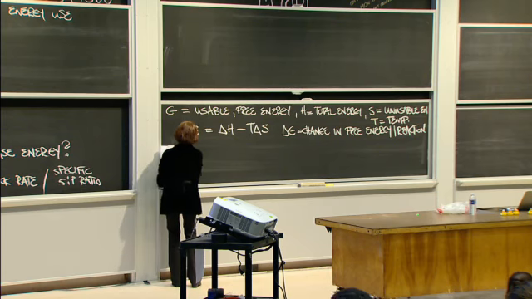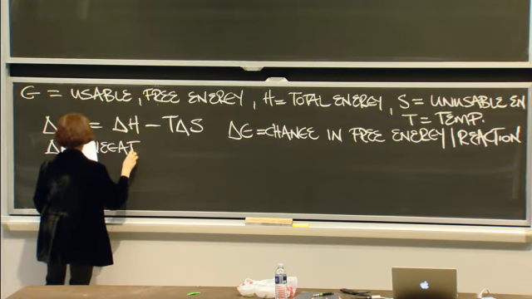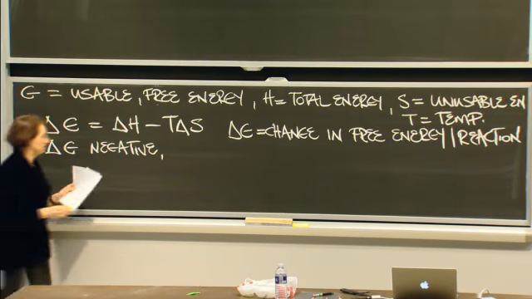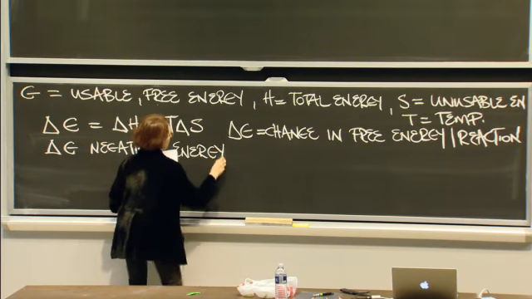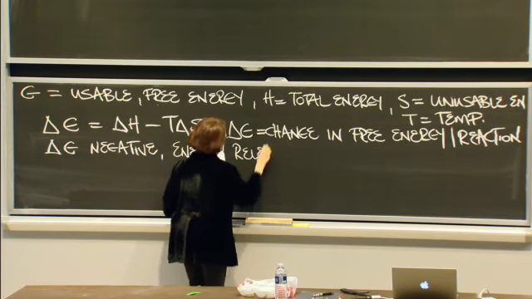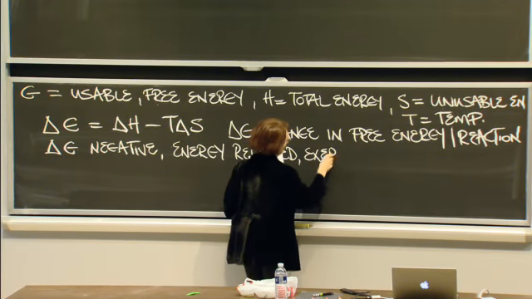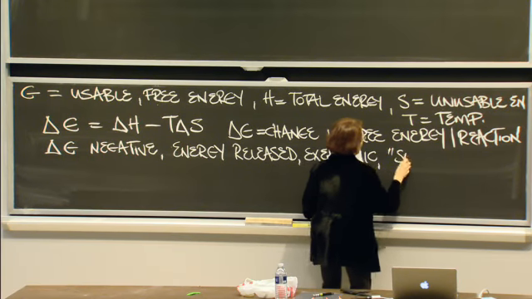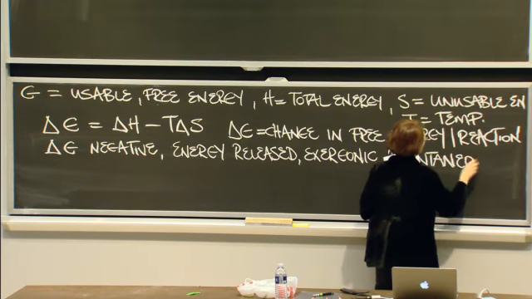If delta G is negative for a particular chemical reaction, then as the reaction proceeds, energy is released. The reaction is termed exergonic. And it is sometimes spontaneous. I'm going to put that in quotes. You'll see why in a moment.